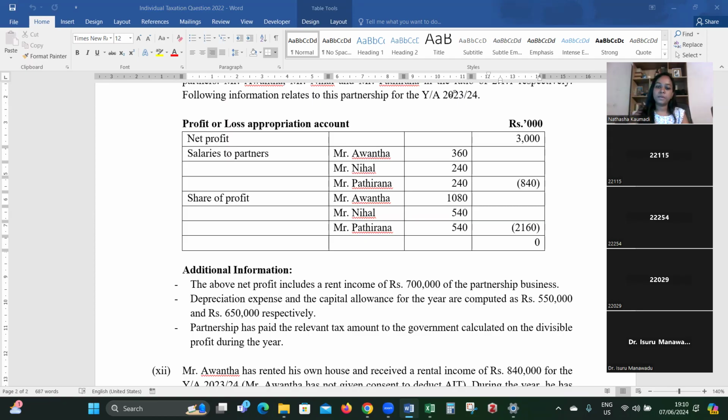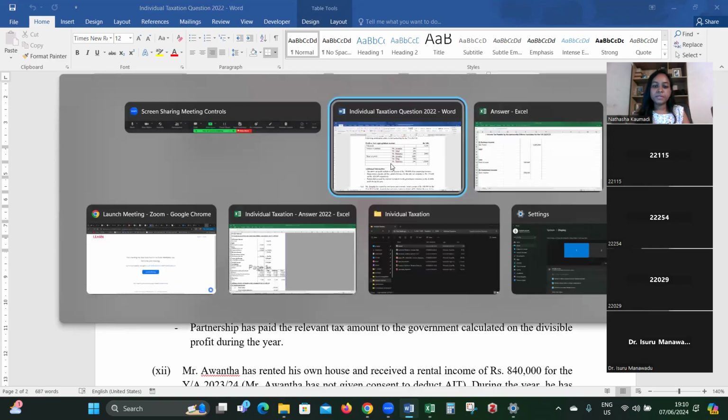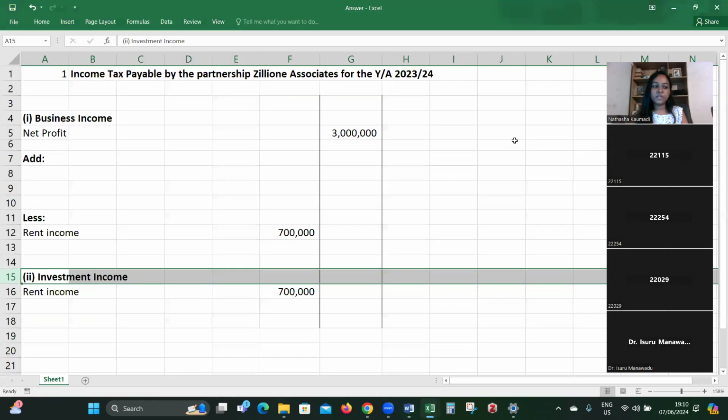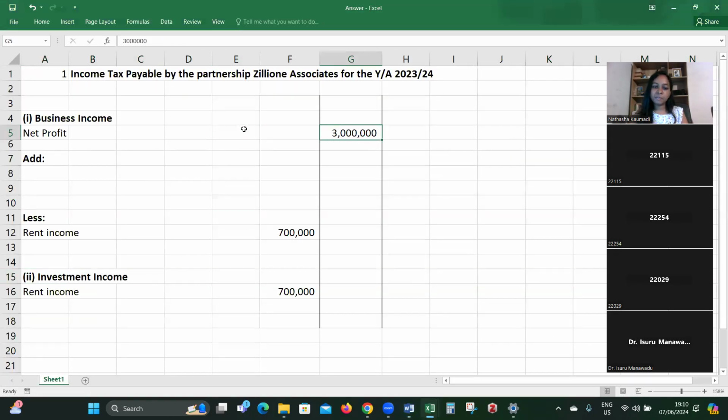Okay. Thanks. Right. So we were talking about depreciation and capital allowance. Now this 3,000 is accounting profit. From this 3 million, depreciation has already been deducted. So we have to add back depreciation.